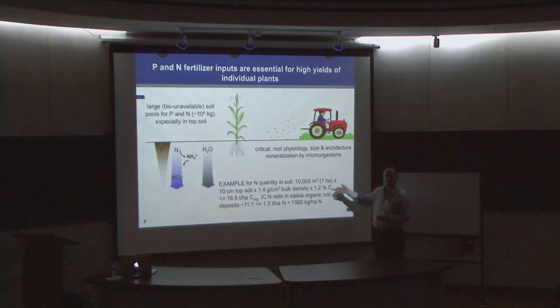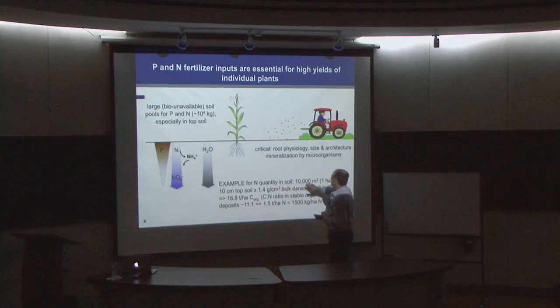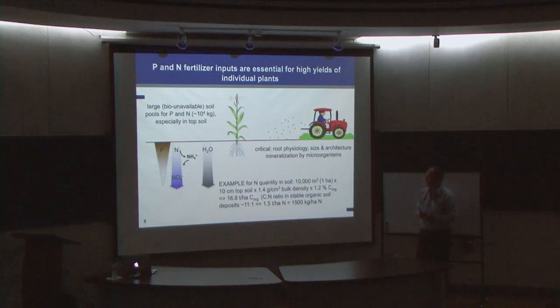I have here such an example calculation for the nitrogen quantity in the soil. So for 1 hectare of a field, when you only look at the 10 uppermost centimeters, you may find quite a high organic carbon concentration, like for example 1.2%.